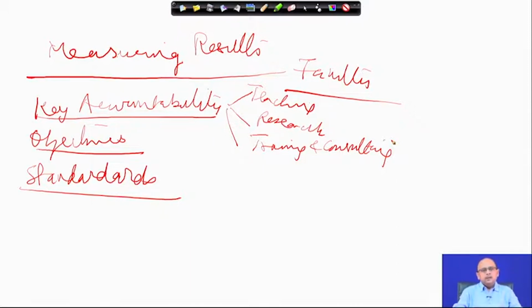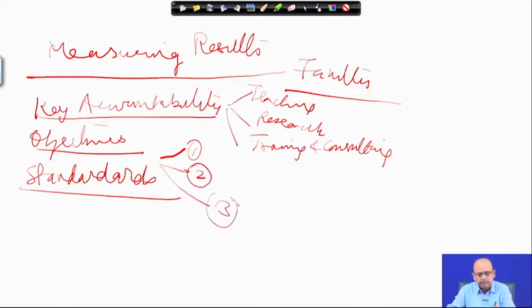Once we have identified these key accountability areas, the next task is to identify the objectives. So, you are going to set objectives which are very specific in all the three cases: the first case, teaching; the second case, research; and the third case, training and consulting.